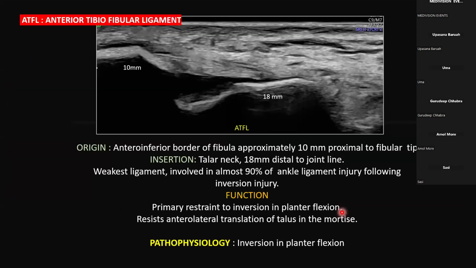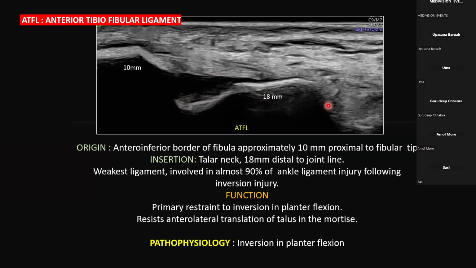It's passing from about 10 millimeter proximal to the tip of the fibula to 18 millimeter below the subtalar joint. This is the capsular fluid, and it usually blends with the capsule of the ligament.